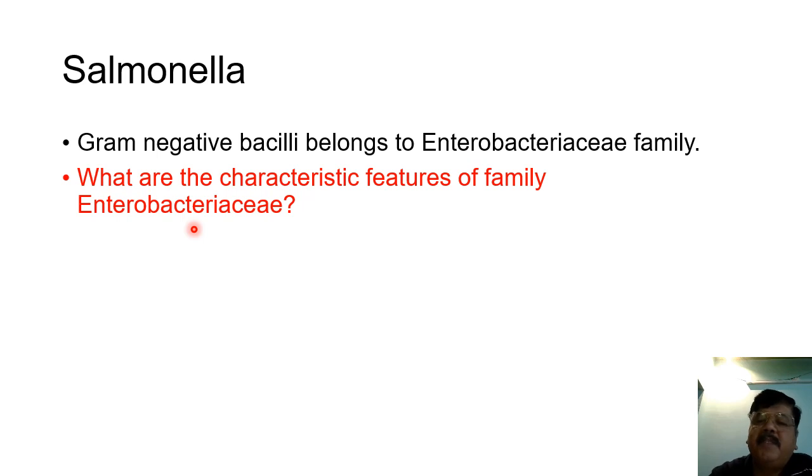Only one species is catalase negative, Shigella dysenteriae type 1. Then glucose is fermented with acid and gas or only acid. They are motile or may be non-motile. Nitrate reduction test is positive, and they show fermentative utilization of sugars. So these are all the characteristic features of the Enterobacteriaceae family.